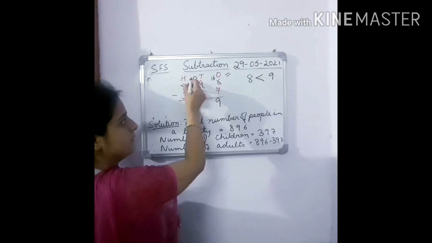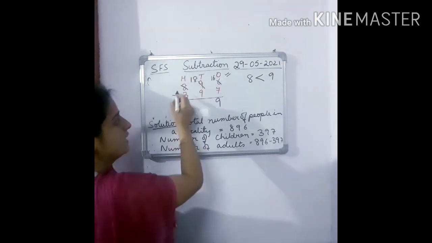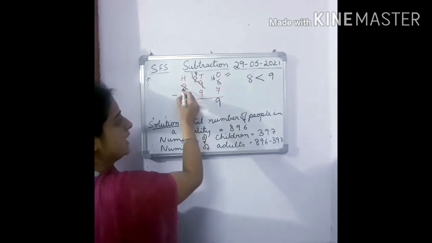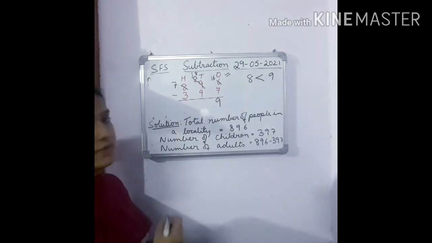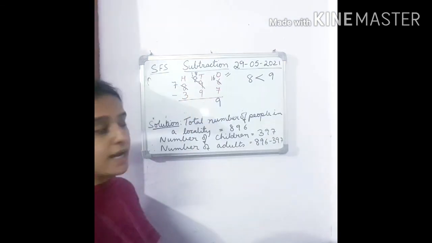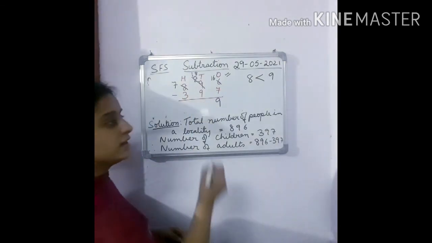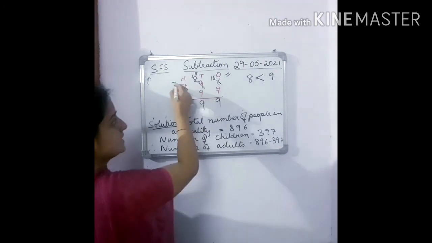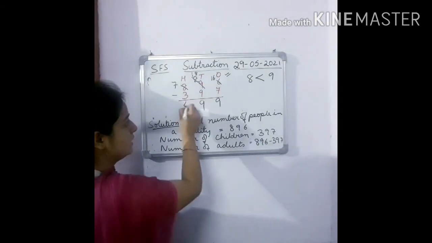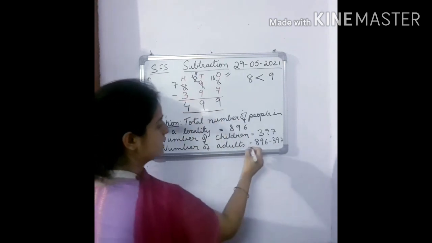This 8 will become 18. You can cancel this and write here 18. And this 8 will become 7. Okay, now we can subtract very easily. 18 minus 9 is what? 9. And 7 minus 3 is what, children? 4. Very good. So how many adults were there?